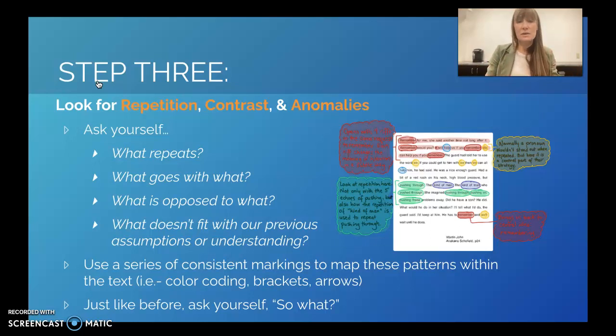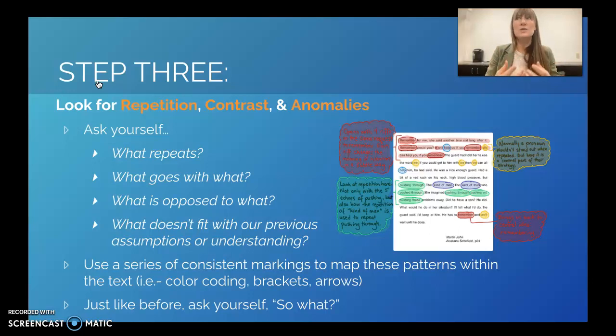Now, here's where you have a lot of freedom to develop your own system. But whatever system you come to, you want to try to be consistent with it. You want to make a series of marks that may include color coding, brackets, squares, arrows, lines to connect different things. In addition to the marks that you make visually on the text, you want to also continue to dig deeper.